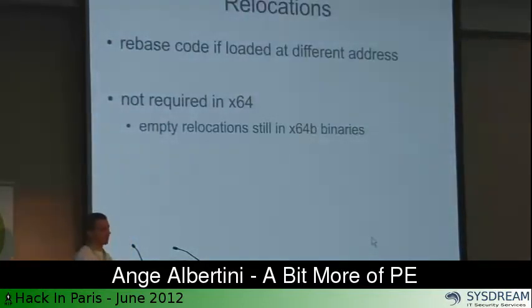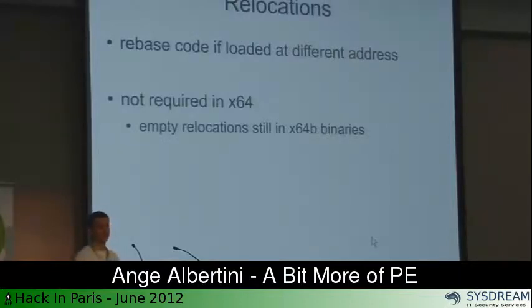Relocations, nothing so surprising: they just rebase code when it has to be loaded at a different image base than the one in the header. Relocations are not used in 64-bit code because you can have RIP-relative code. One of my proofs of concept just used that to be sure this works.